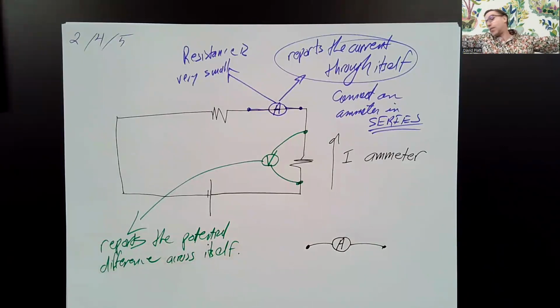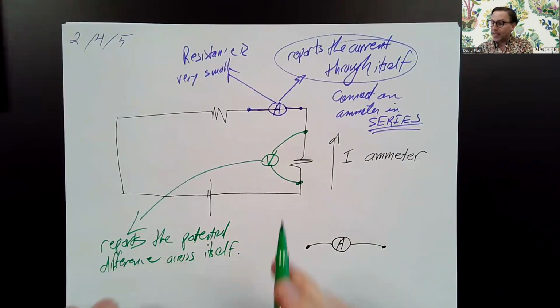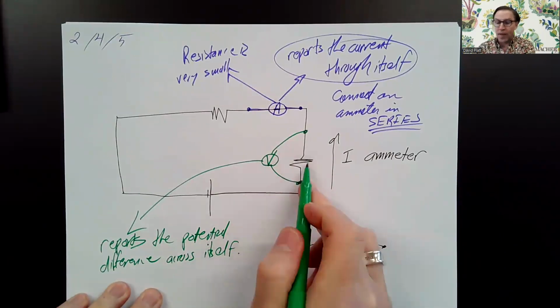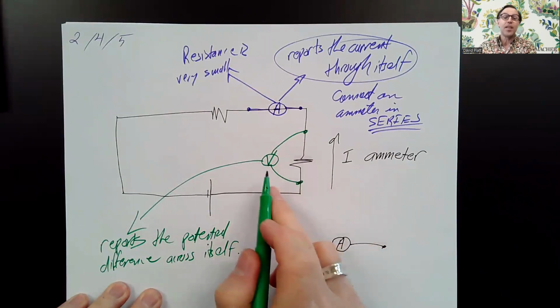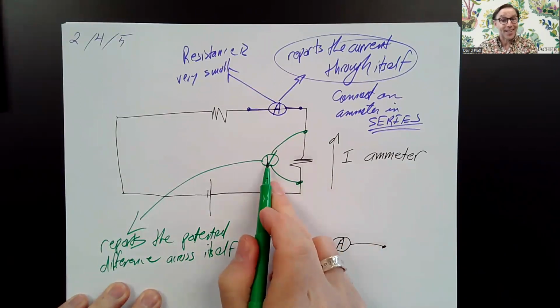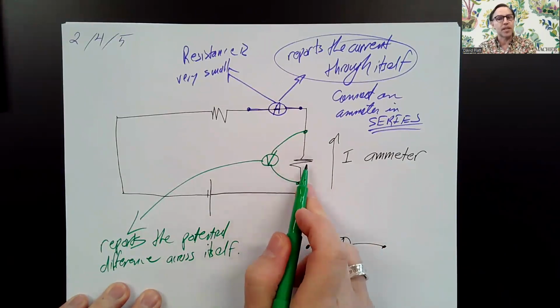So it says, hey, the difference in the voltage here and the voltage here is this many volts. But since I've connected it in parallel with this resistor, the potential difference across it will be the same as the potential difference here.